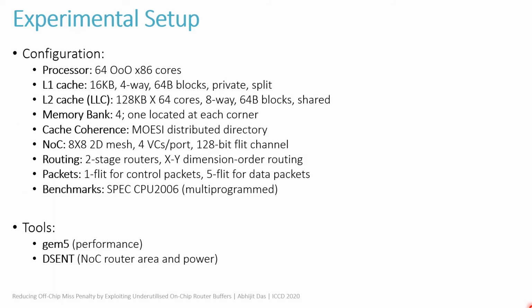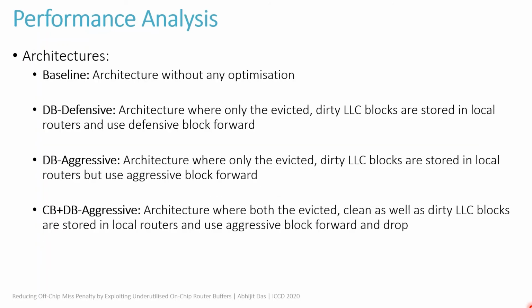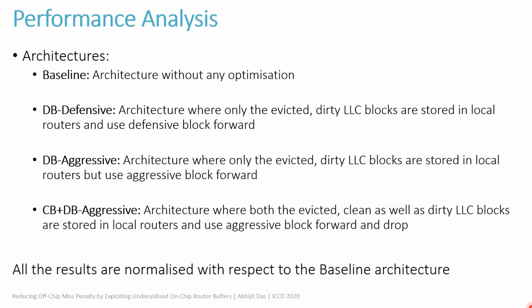We have used an 8x8 NOC based TCMP and this is our system configuration. We have used GEM5 and DSENT simulators for performance and overhead analysis. We have considered 4 different architectures for evaluation where the baseline architecture is without any optimization and the other 3 architectures have different optimizations that we have proposed. All our results are normalized with respect to the baseline architecture.